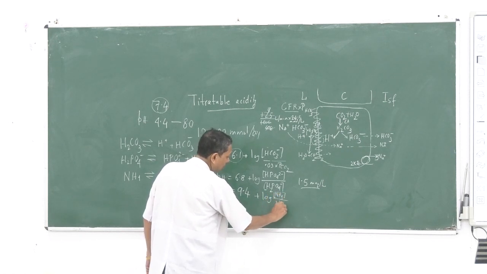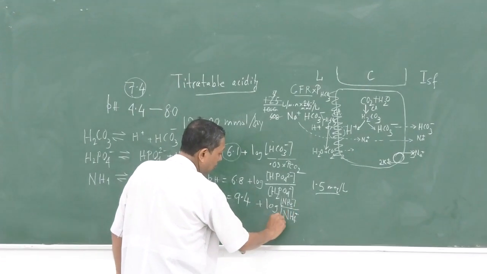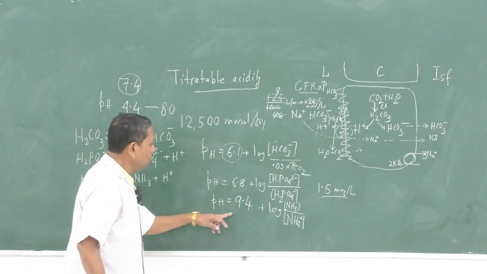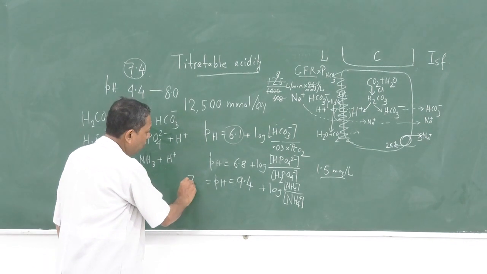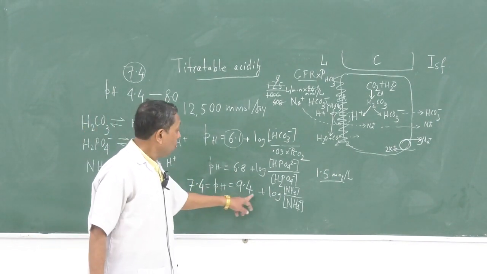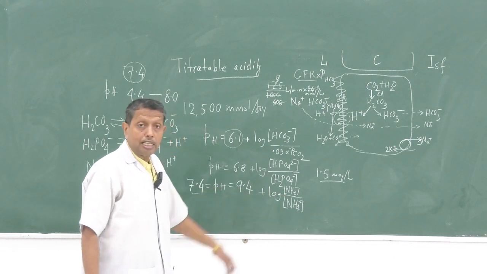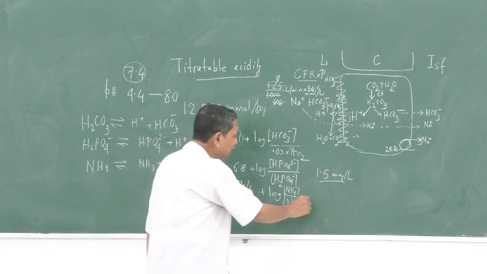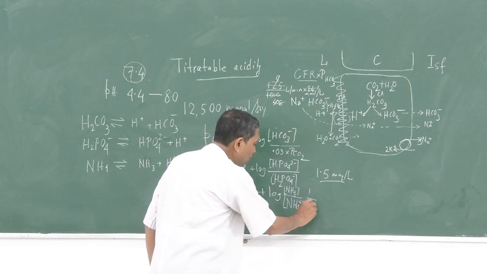NH4 plus. Now, if the pH is 7.4 as done in titration, the log has a negative value. So it is a 1:100 ratio.